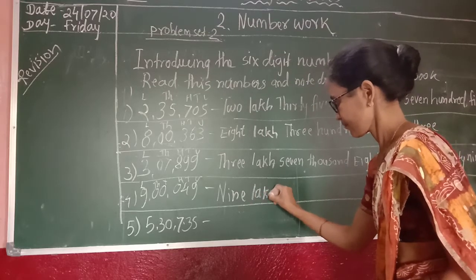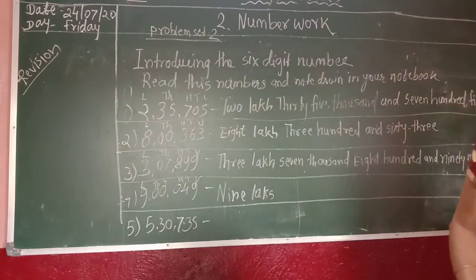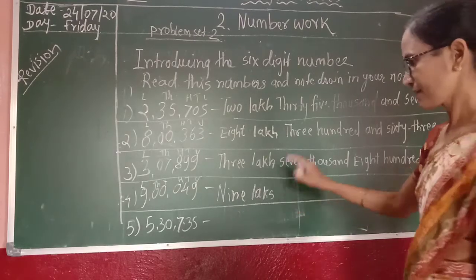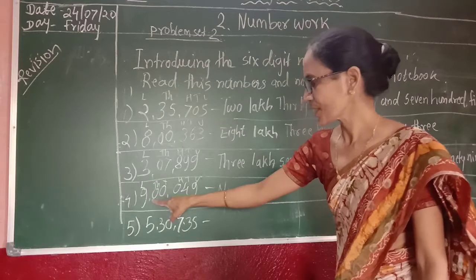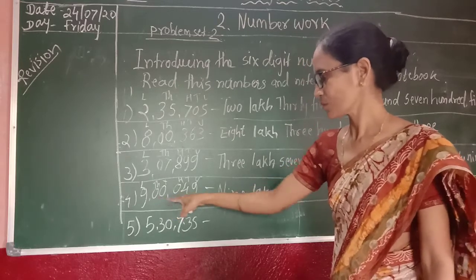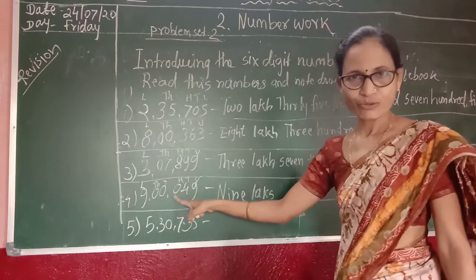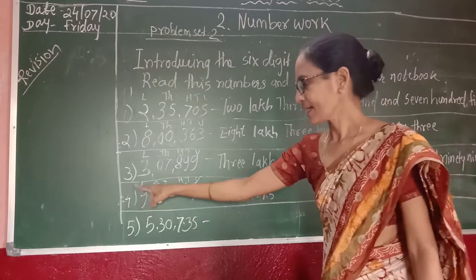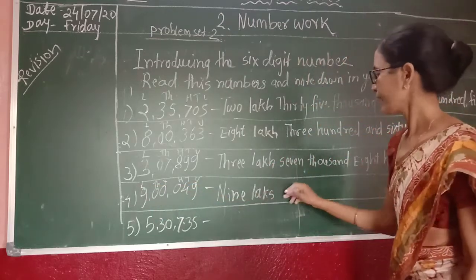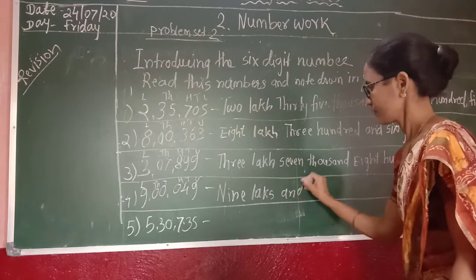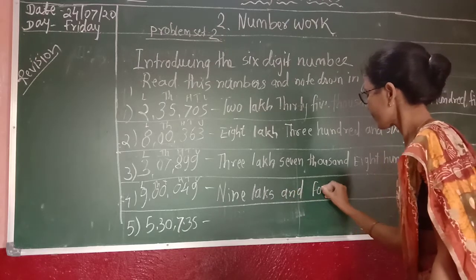And look here, there is 0 in the 1000 place, 10,000 place, and 100 place also. So 9 lakh and 49. How to read this number? 9 lakh and 49.